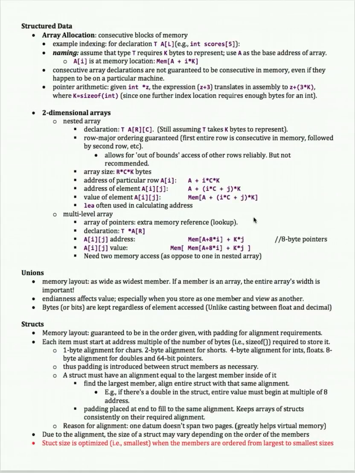Let us first start with arrays. Arrays are placed in consecutive blocks of memory physically. For example, if we have an array A of L elements of type T, then those L elements or members are placed in consecutive blocks of memory.